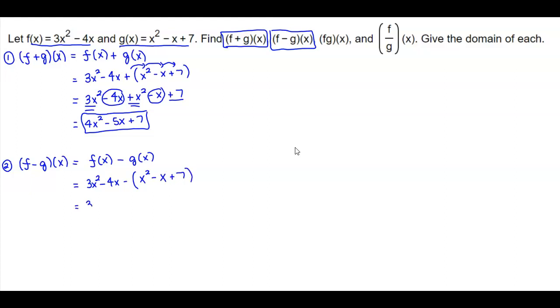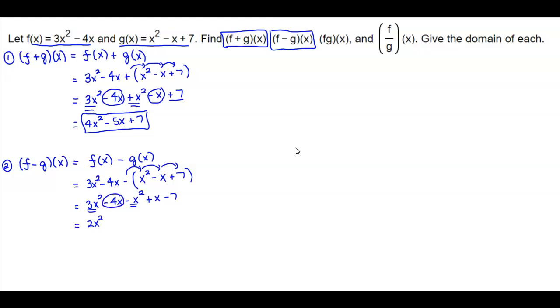So we have 3x squared minus 4x. And now we're going to distribute the sign to all three of those terms. A negative times x squared gives us negative x squared. A negative times minus x gives us plus x. A negative times plus 7 gives us minus 7. Now let's combine like terms. We have 3x squared minus x squared, which gives us 2x squared.